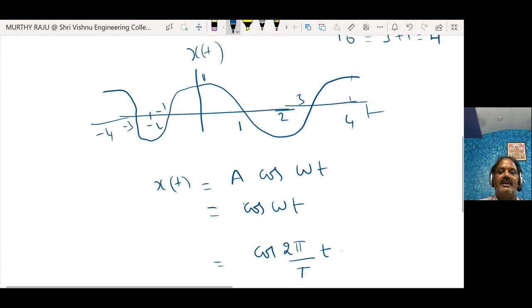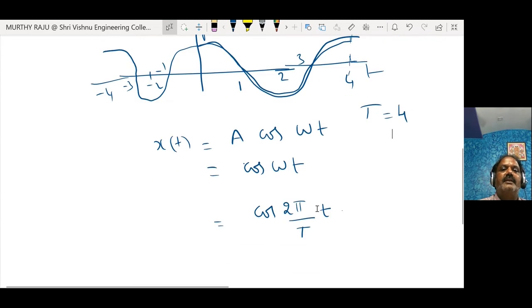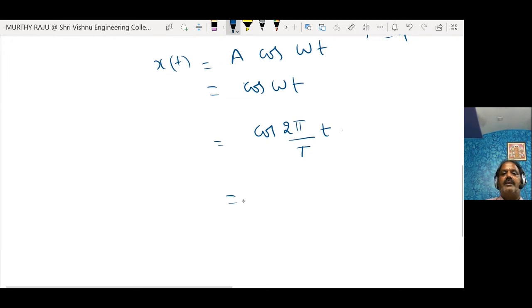Here T is the time period of this waveform. This is the starting point here. T is equal to 4. Therefore, cos 2 pi by 4 into t is equal to cos pi by 2 t.